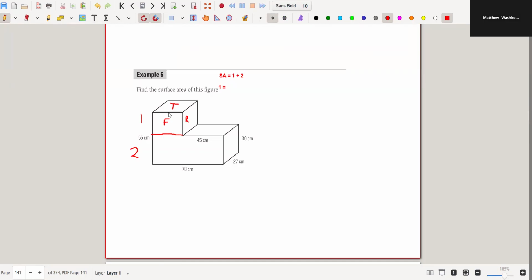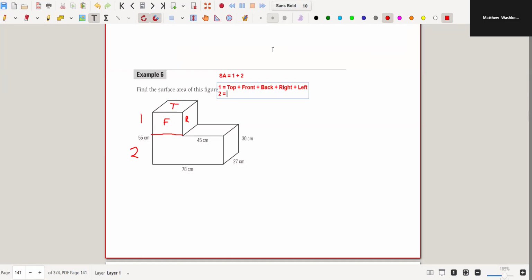So 1, 2, 3, 4, 5. It's 5 shapes added together, right? And you're noticing I'm excluding the bottom. Why? Because there isn't a bottom. It's in the shape. So it's the top plus the front plus the back plus the right side plus the left side. If you do not do this organization, I promise you're going to get it wrong. I know it's like work, but you got to do it.